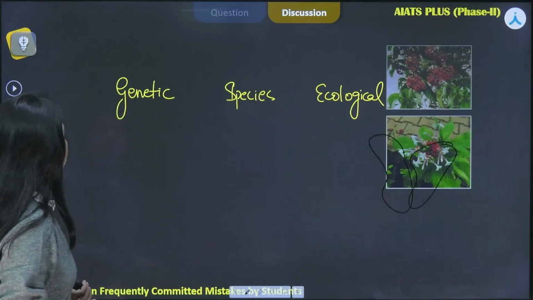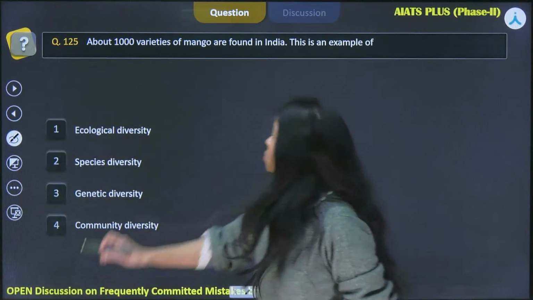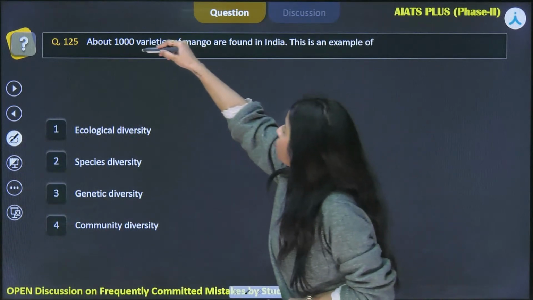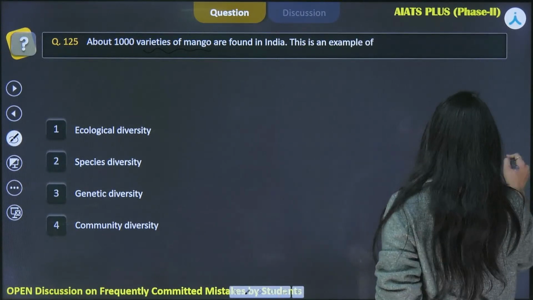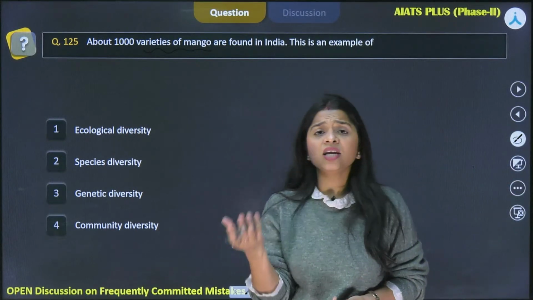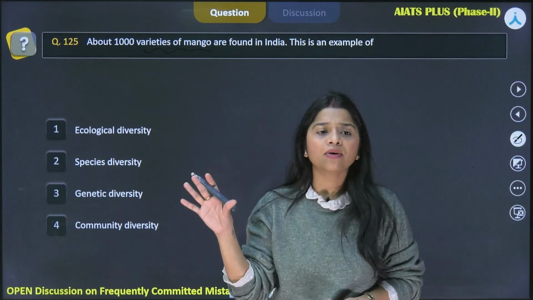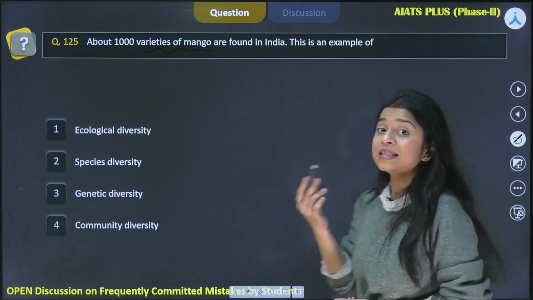Now the question was asking, ecological diversity is also called the community diversity. So the correct answer for the given question, now variety of mango has been asked. No matter what variety of mango is there, whether it is Dashehri, Tota, Langda, whatsoever mango is there, the species will remain the same, right?